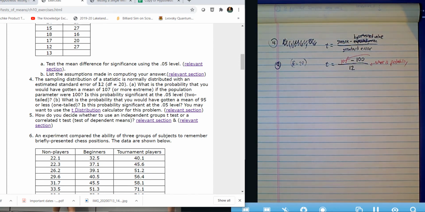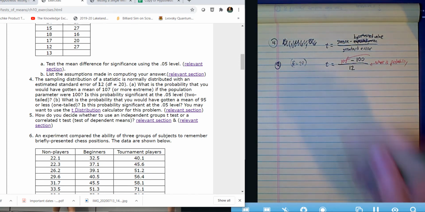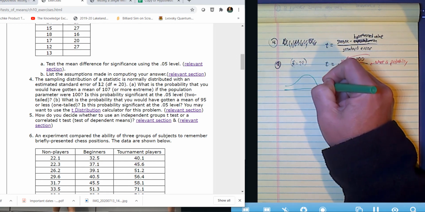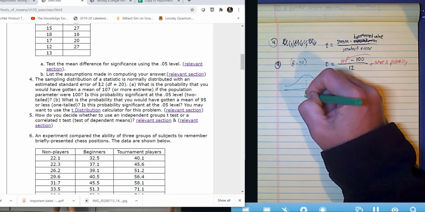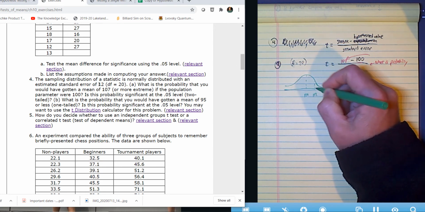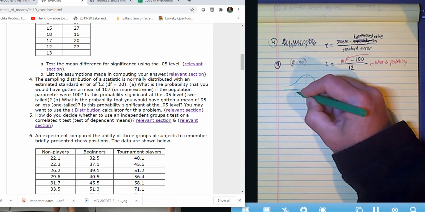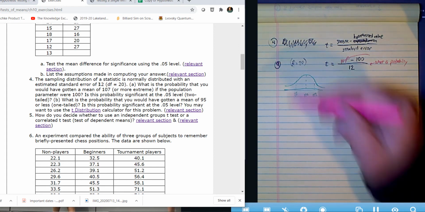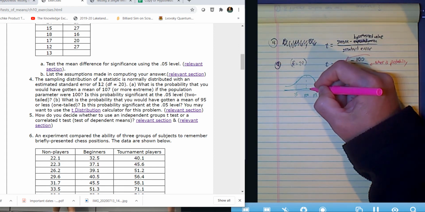So I can draw a picture of this, I guess. We know that the mean is 100. We're saying that the standard error is 12, so it would go up to 112 or it would go down to 88. Those are 12 apart. So the question is, what's the probability of being 107 or more? So 106 would be right in between.